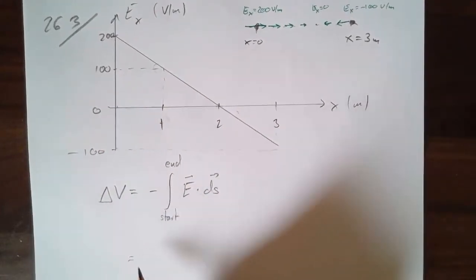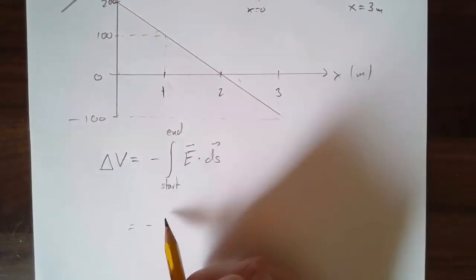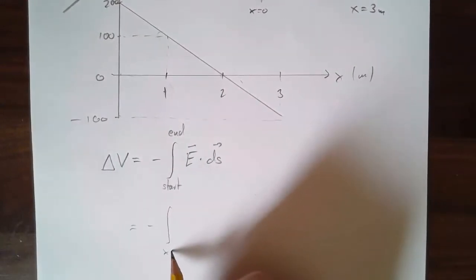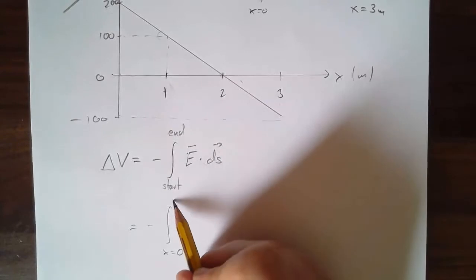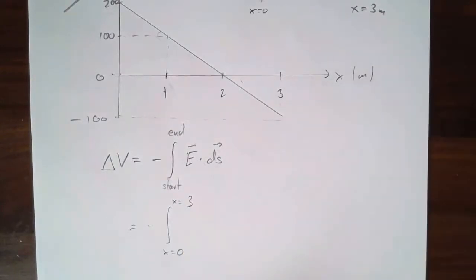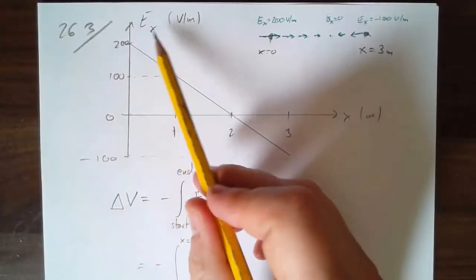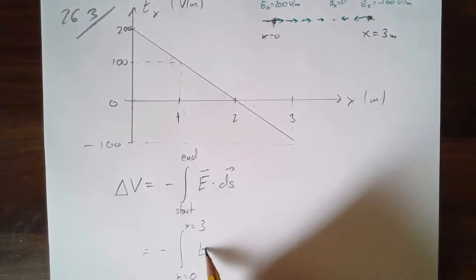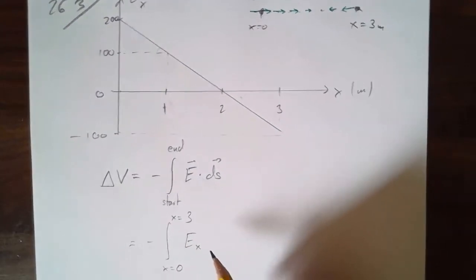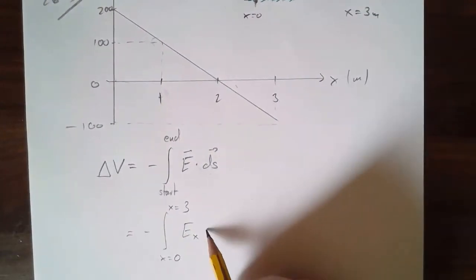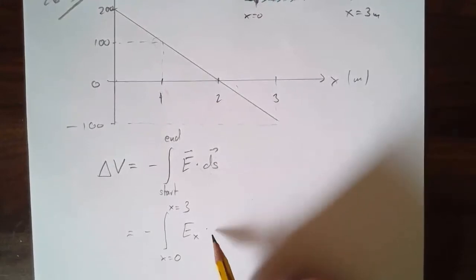Now in this case, let's make sense of this. We're going to start at x equals 0. We're ending at x equals 3, right? We're told those are the points between which we're trying to find the potential difference. The electric field is given right here, the x component of it, and then we're going to do our steps.